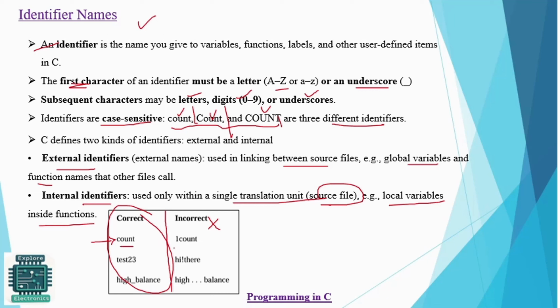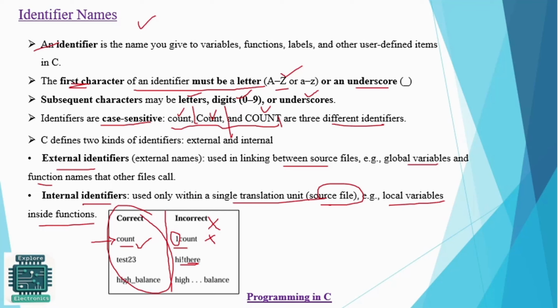Here 1count, as I said, the first character of an identifier must be a letter or underscore, but not a digit. Here the identifier name starts with a digit, so it is not considered.